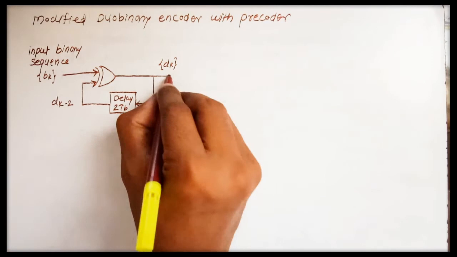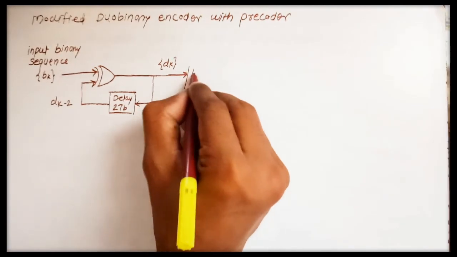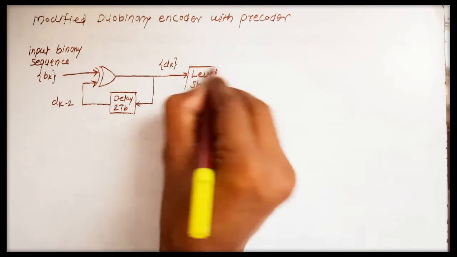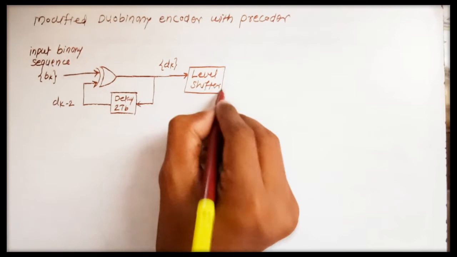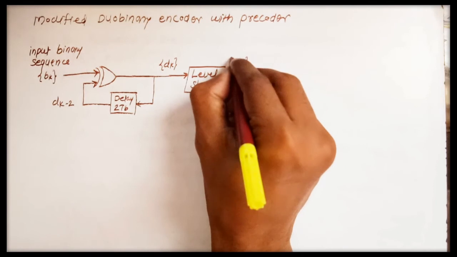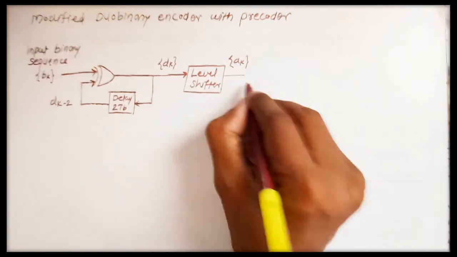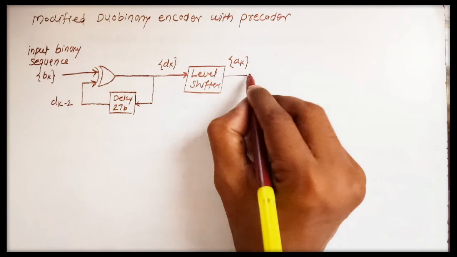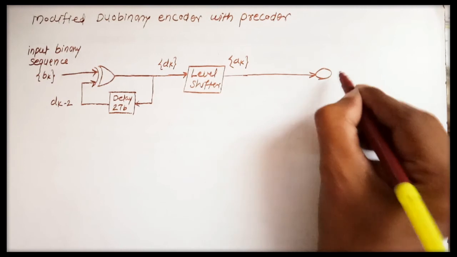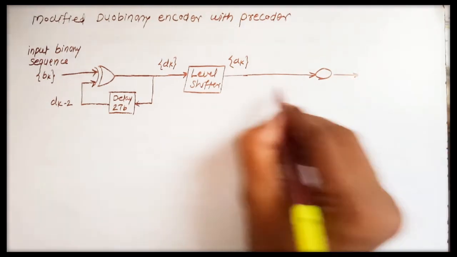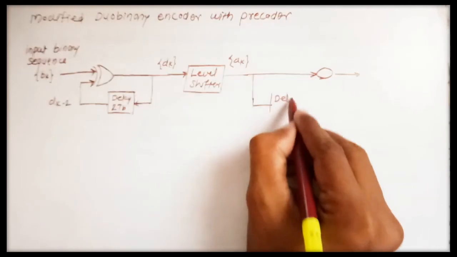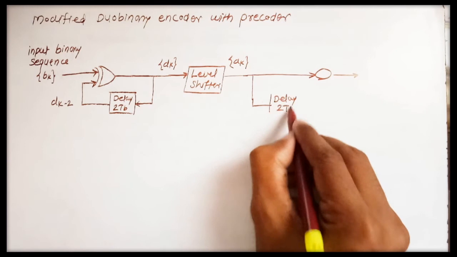After that it is applied to a level shifter, and after the level shifting we get a sequence AK, and then it is applied to a modified duobinary system. This is a delay of 2 TB.